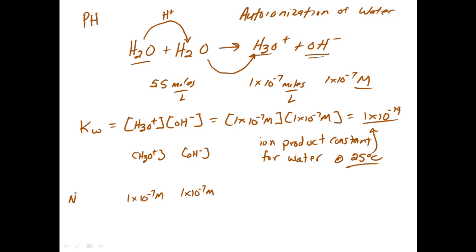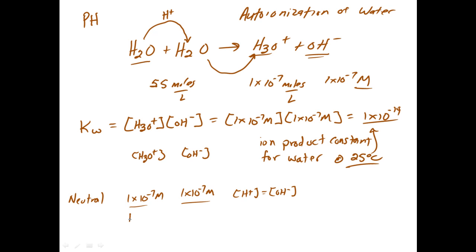This is considered neutral. All right, we have equal concentrations of the hydronium ion. I'm just going to say hydrogen ion because that's what it is, short. That's equal to the hydroxide ion concentration, we have a neutral solution.